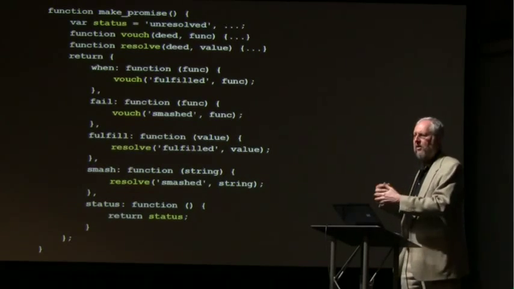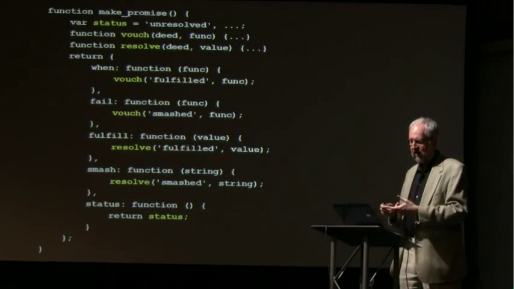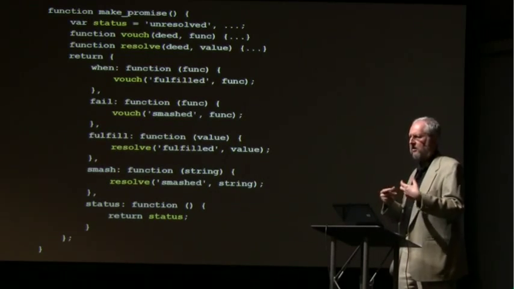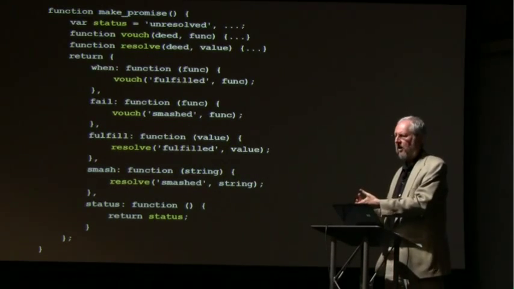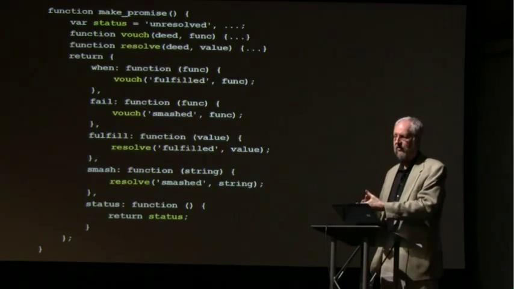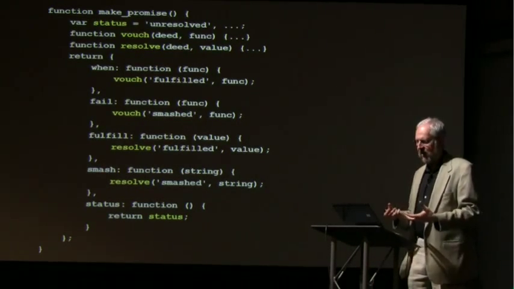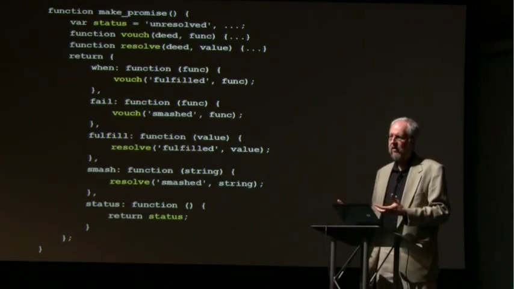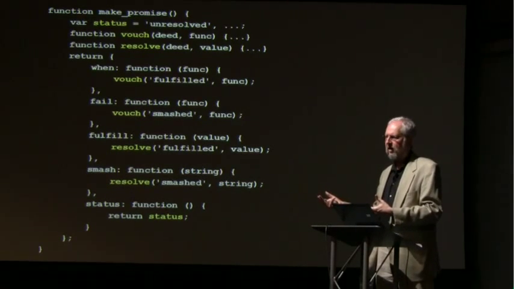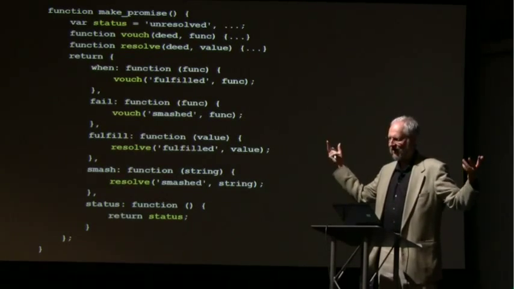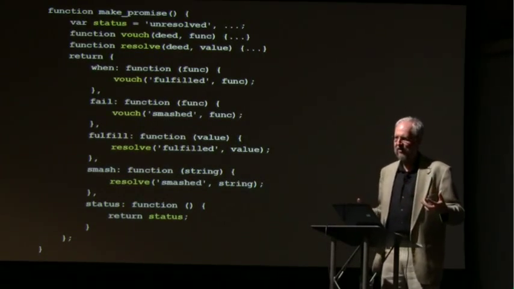And then the creator of the service might hang on to the fulfill and smash methods. Fulfill, he'll call and pass a value in when he knows what the value finally is, and that's the thing that will get delivered to the functions. And if it turns out that it's going to be an error, at this point it's too late to throw an exception because that was a long time ago and the other guy is not in your call stack anymore.